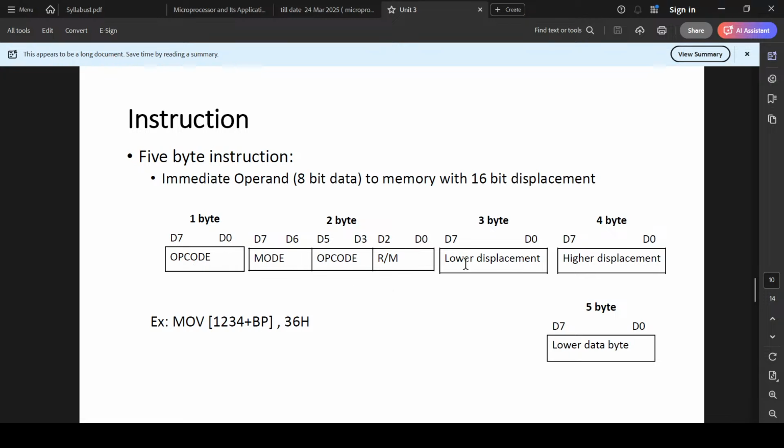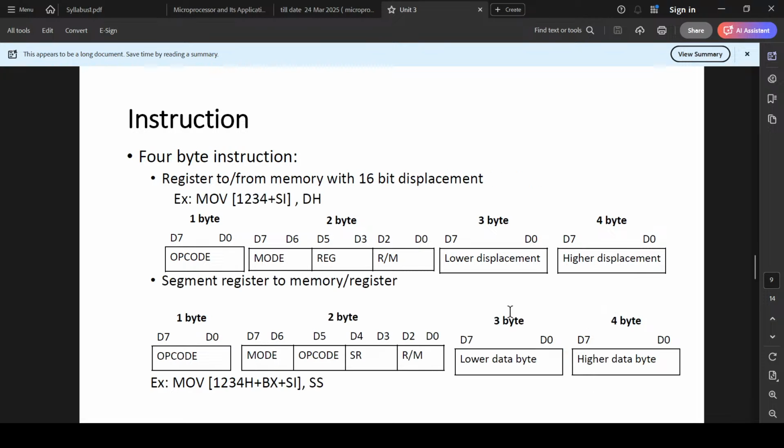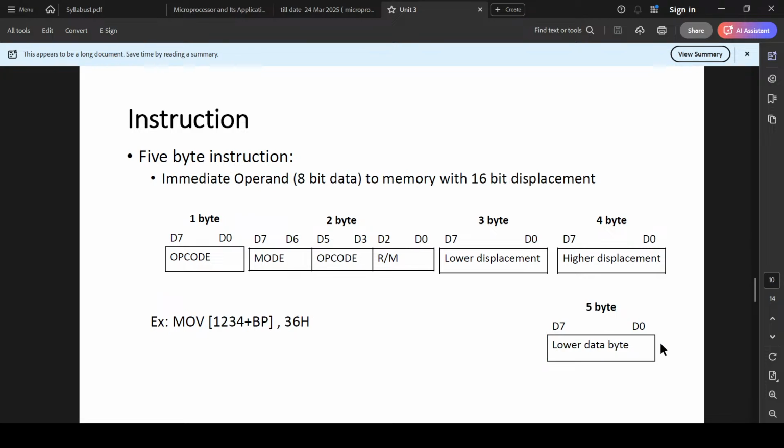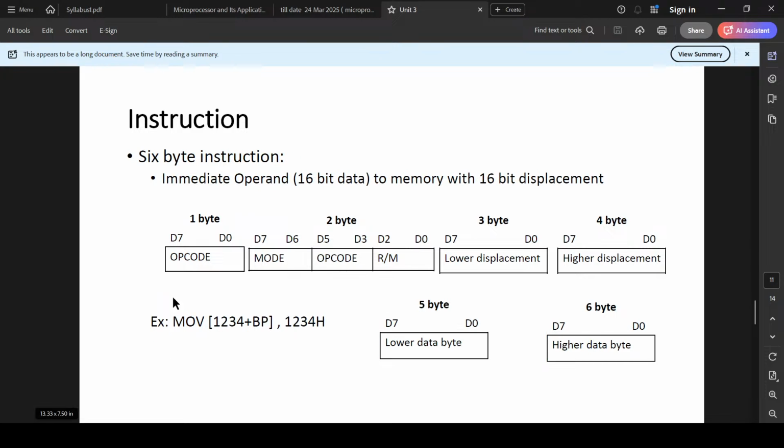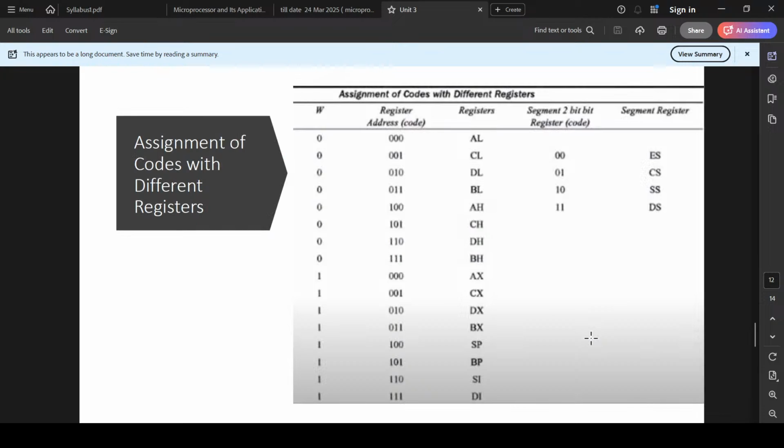Opcode, same, lower, higher, and then lower data byte. In the segment, it was lower data byte, higher data byte, and here we have lower data byte. I think there will be a 6 byte. Yes, there is. Lower displacement, higher displacement, lower data byte, higher data byte.